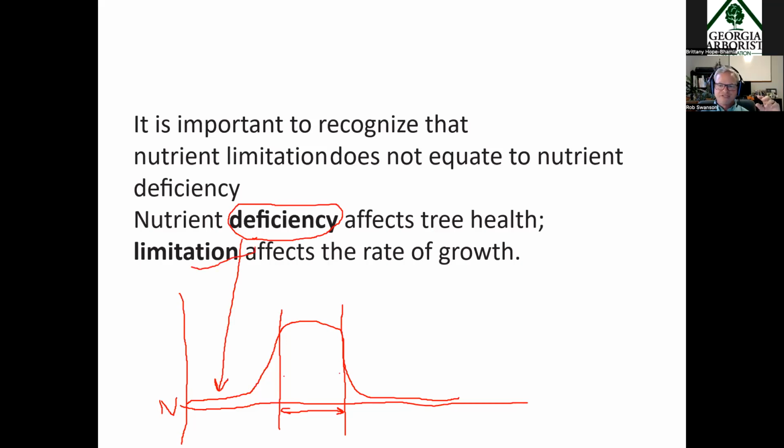Limitation is that if I'm over towards this side of the bell curve right here, then the tree's not going to grow as fast as it would if it were on this side, but it's still going to be a healthy tree. We're just taking our foot off of the accelerator and backing it back here.